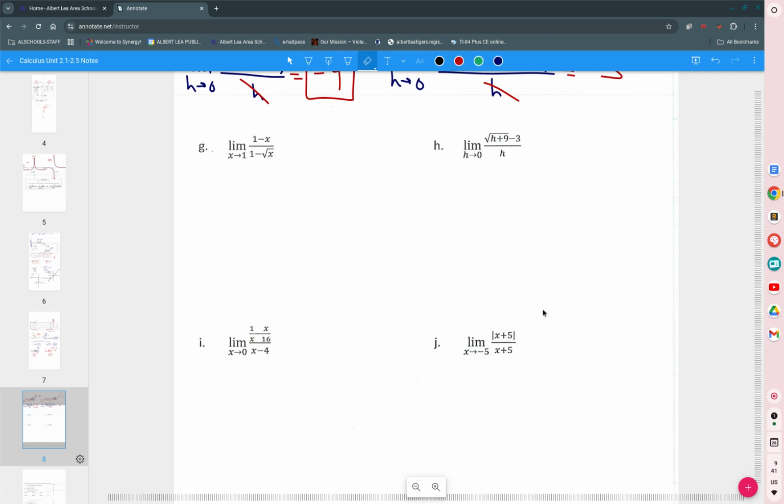I think that this factors. I'm going to say that the top is, in fact, the difference of two squares. I have 1, and I have 1. And then what do you multiply by itself to get x? Plus the square root of x, and minus the square root of x.